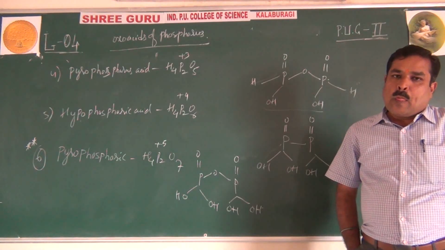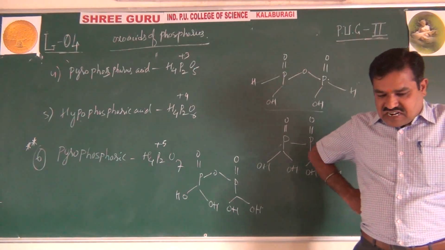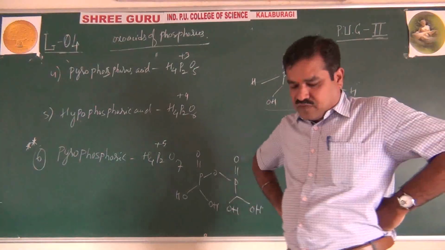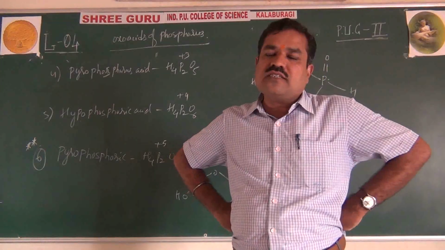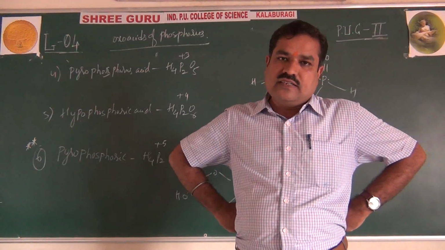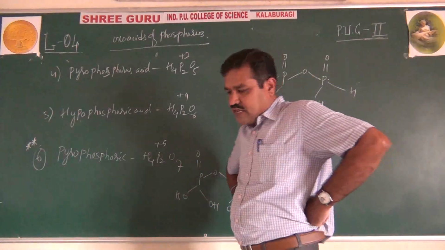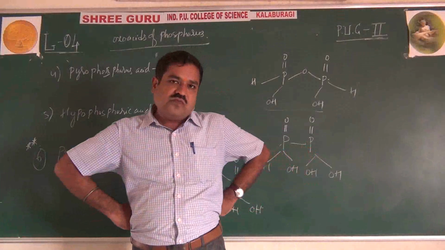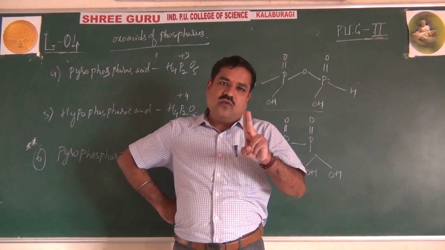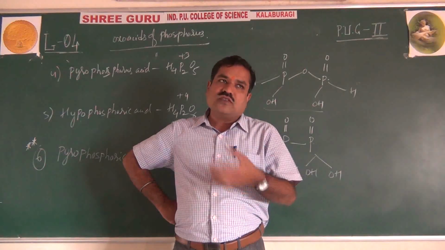But see, in all these you are observing the phosphorus atom is tetrahedrally surrounded by 4 atoms. That means phosphorus is sp3 hybridized. This is the characteristic of these oxoacids. In all these acids they compulsorily contain a double bond O, PH bonds and POH bonds.